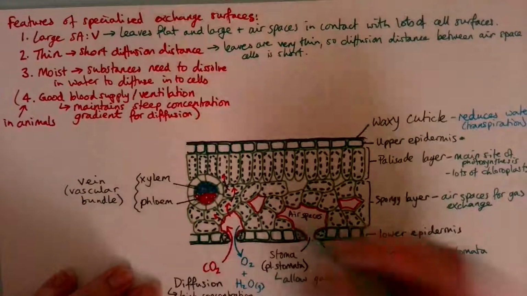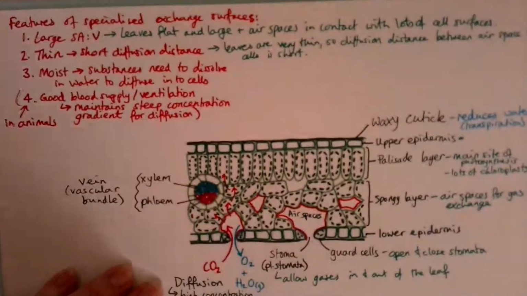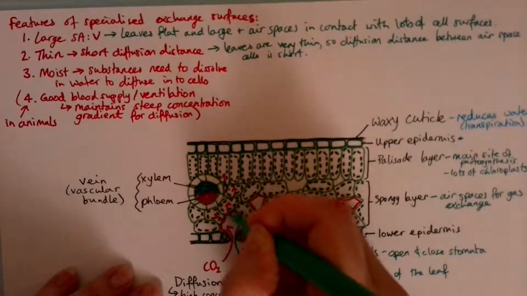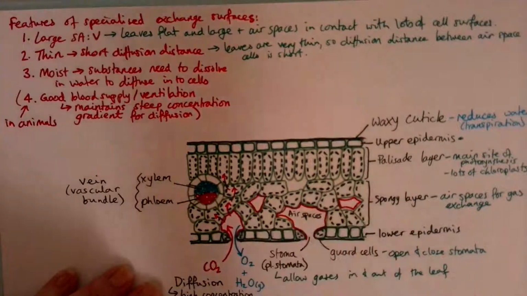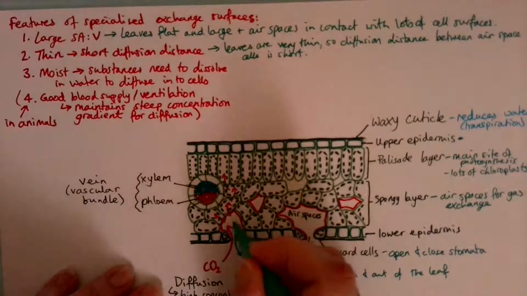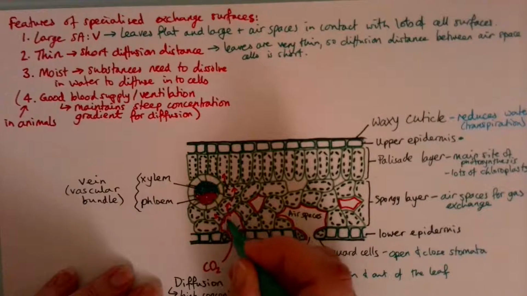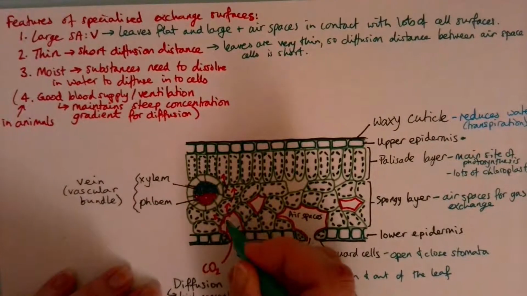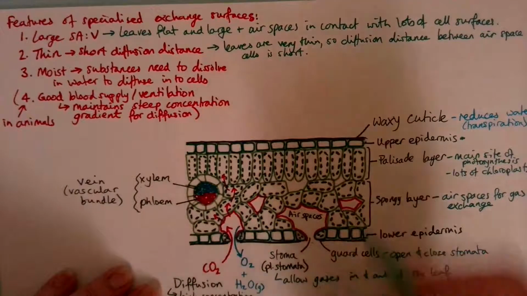And then in terms of moist surfaces, the cell surfaces themselves are moist. They have water on the outside, and that means that the carbon dioxide in these air spaces can dissolve in that water on the surface, and then it can diffuse into the cells.